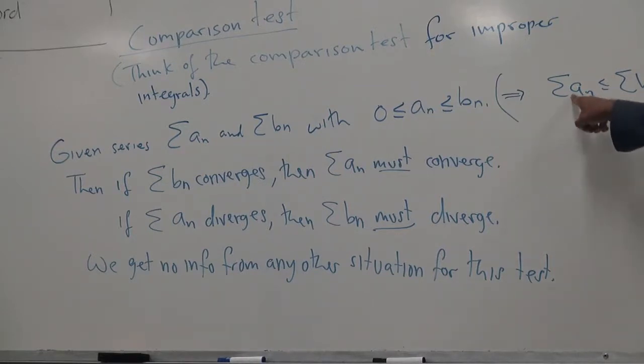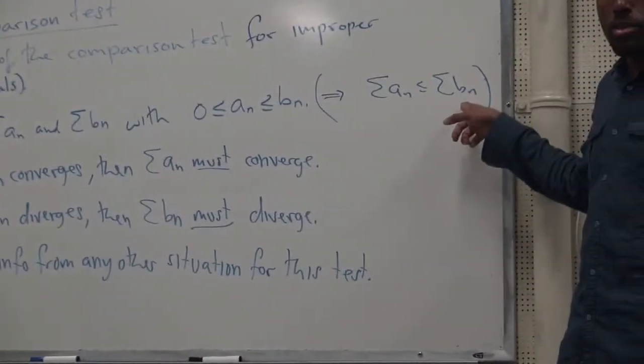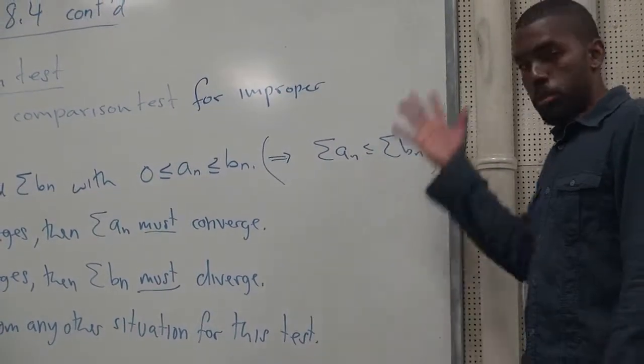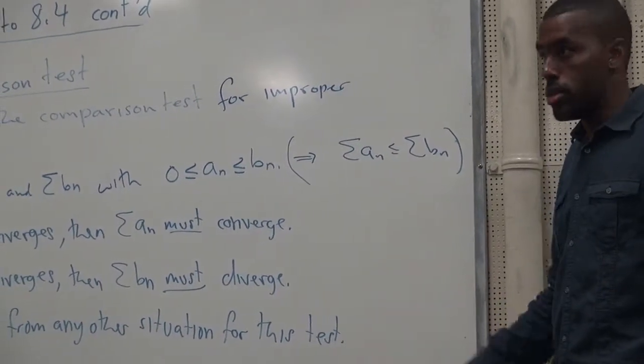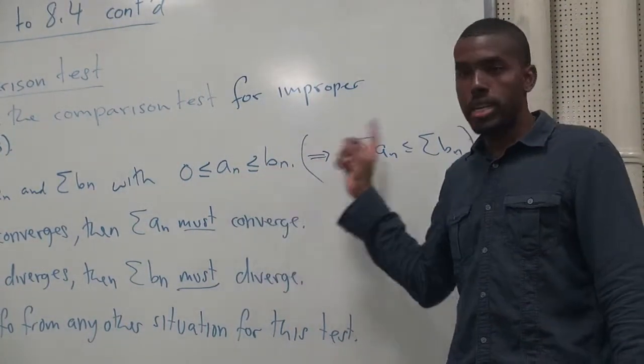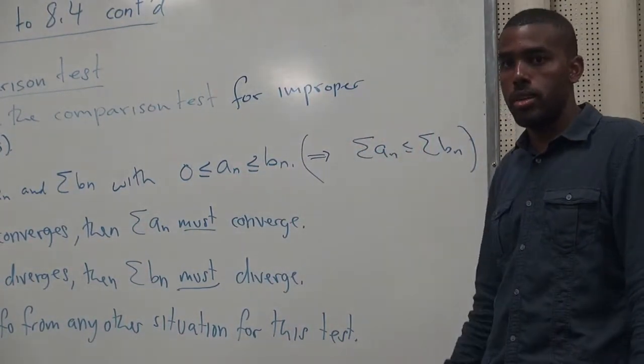Also, if the series of a_n diverges, going to infinity, then the series of b_n must be bigger than or equal to infinity, so it goes to infinity too. So if the bigger one converges, the smaller one must converge. If the smaller one diverges, the bigger one must diverge. Otherwise, we can't use this test; we have to use something else.